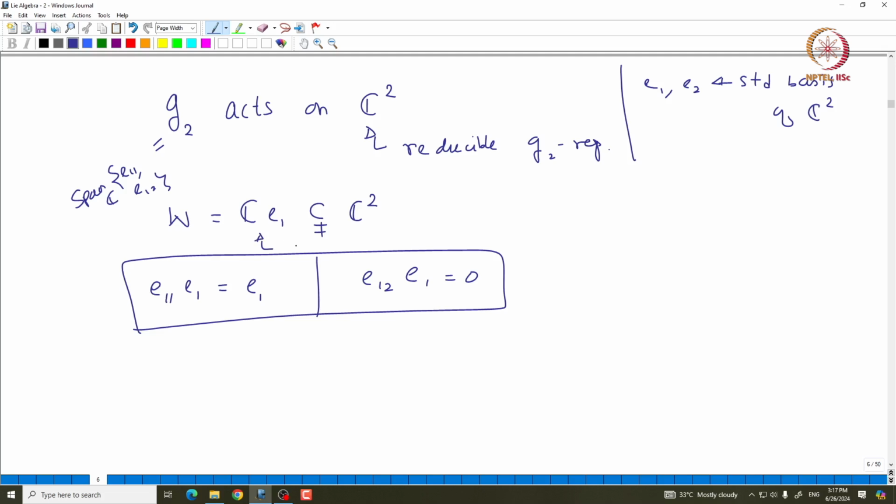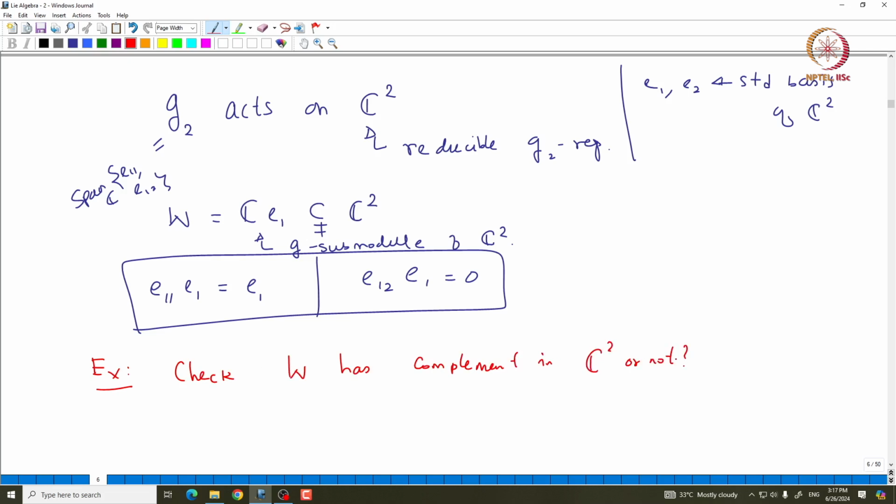So, this is a G submodule of C2. Okay. So, I will leave it to you to check whether this has a complement or not. So, the exercise: check whether W has a complement in C2 or not.